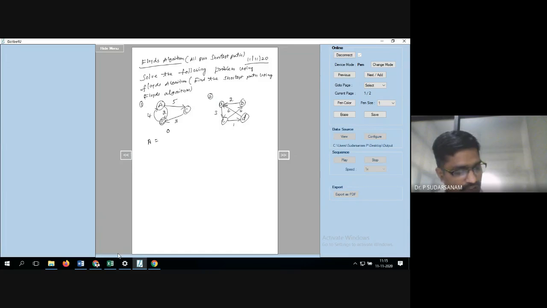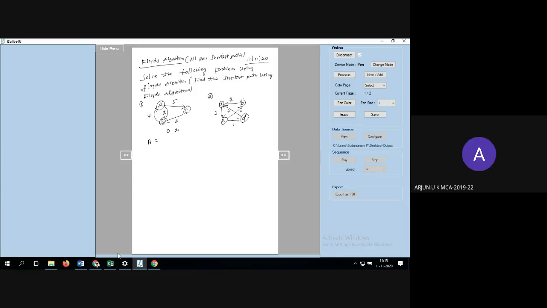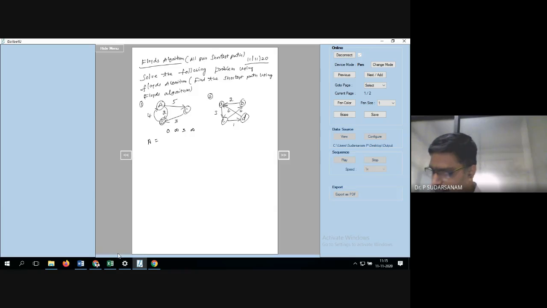A to B, you don't have the values, so wherever you don't have the values, I'll write infinity here. A to C, 3, sir. A to D, infinity, sir. Diagonal elements are 0, and the remaining are infinity.